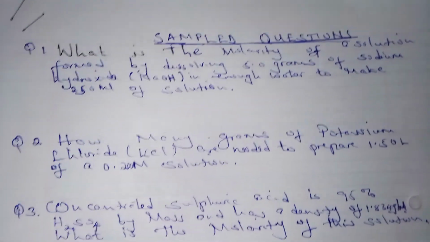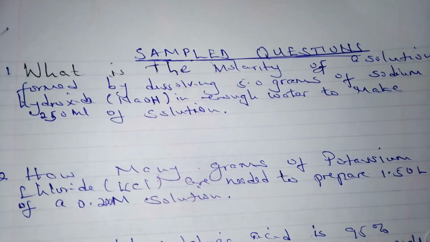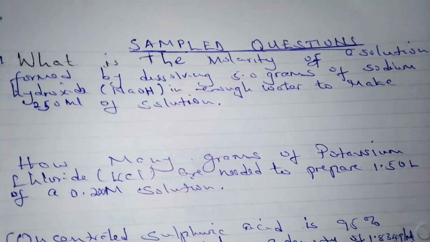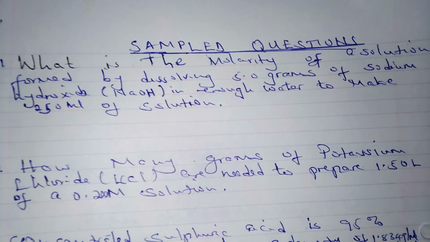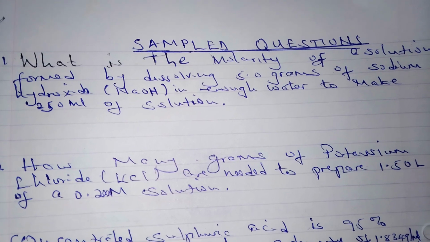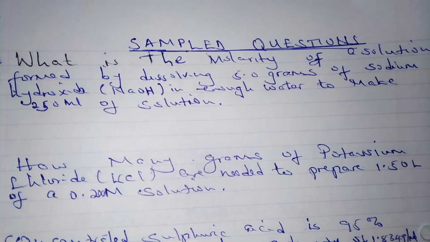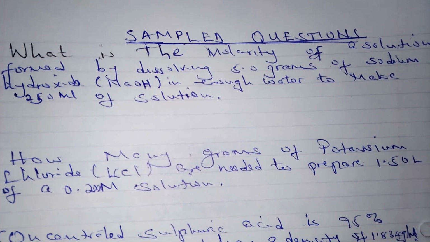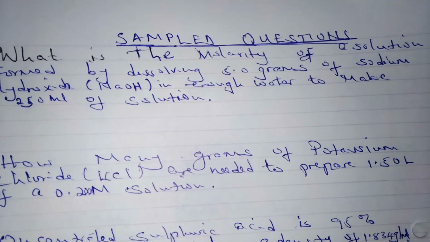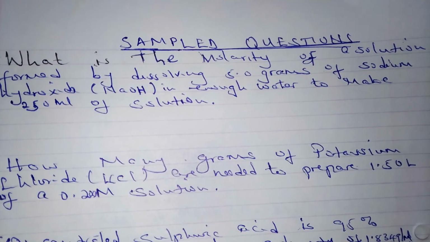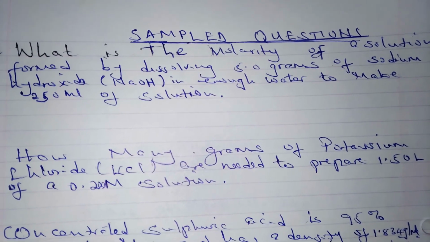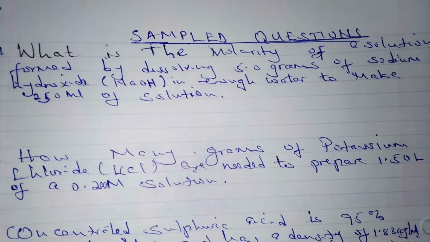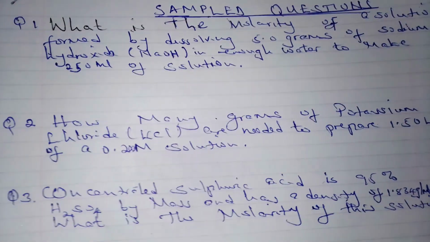Let me repeat question 1 for those who have not heard. What is the molarity of a solution formed by dissolving 5 grams of sodium hydroxide in enough water to make 250 mL of solution?